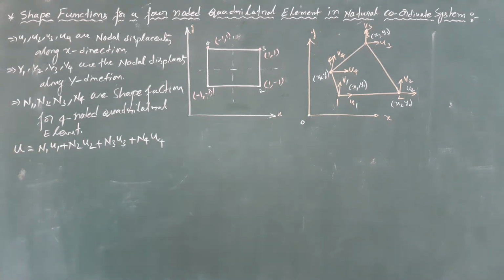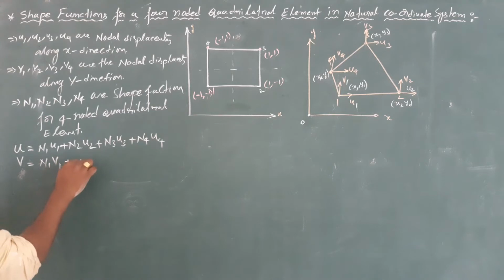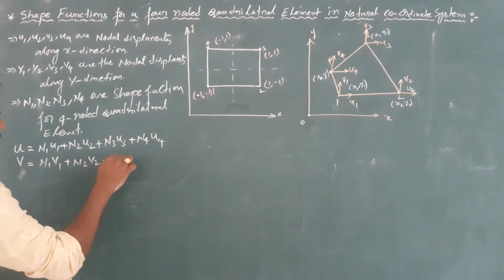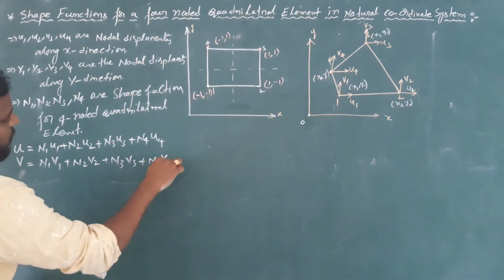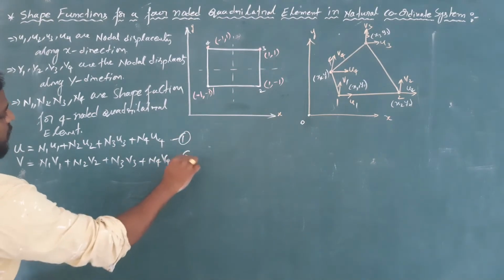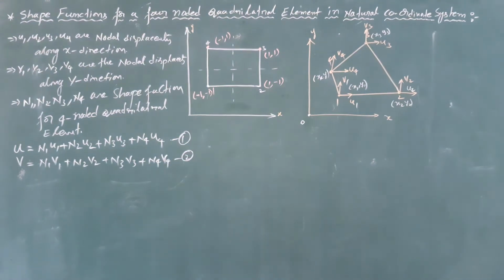Similarly, v = N1 v1 + N2 v2 + N3 v3 + N4 v4. This is equation number 1, this is equation number 2. These two equations are very essential to find the nodal displacements or shape functions.